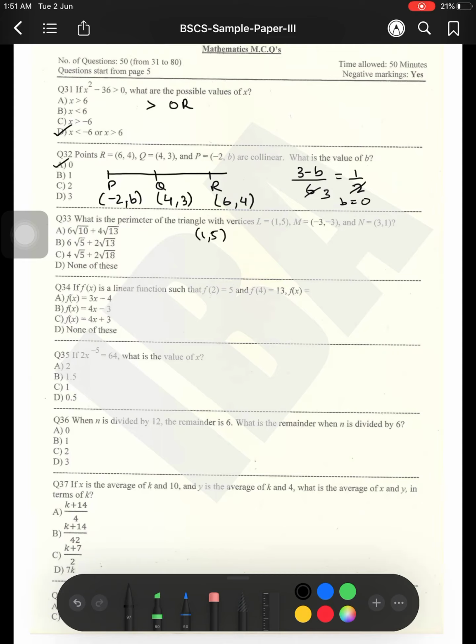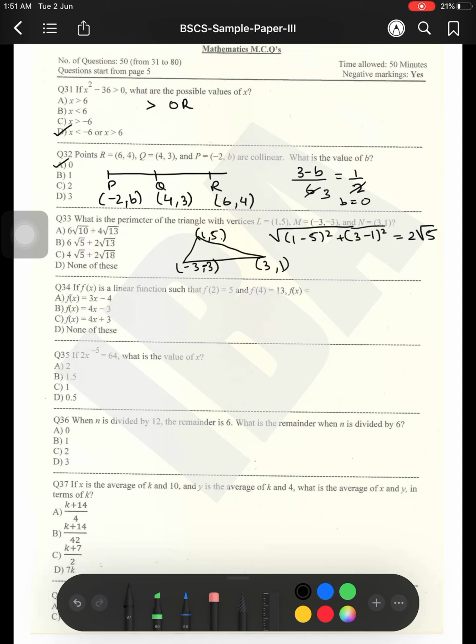In this next question, we're going to draw a diagram, so (1, 5), (-3, -3) and (3, 1). So we're going to find out the distance of (1, 5) and (3, 1) first. So that is going to be root of (1 minus 3) square plus (5 minus 1) square, which is going to be 2 under root 5.